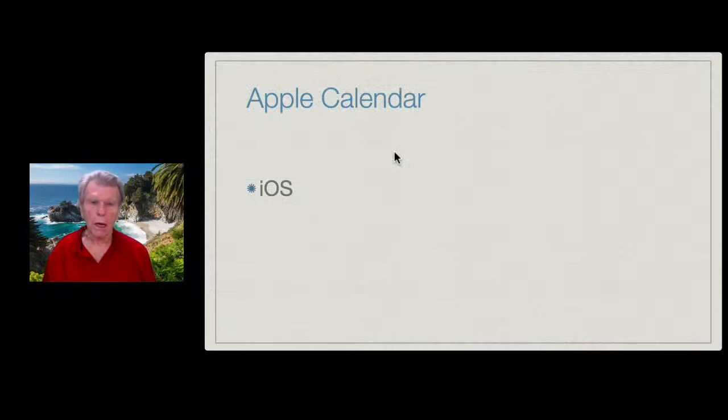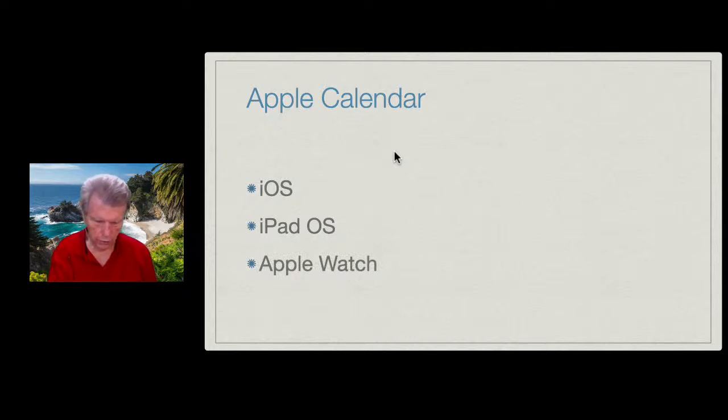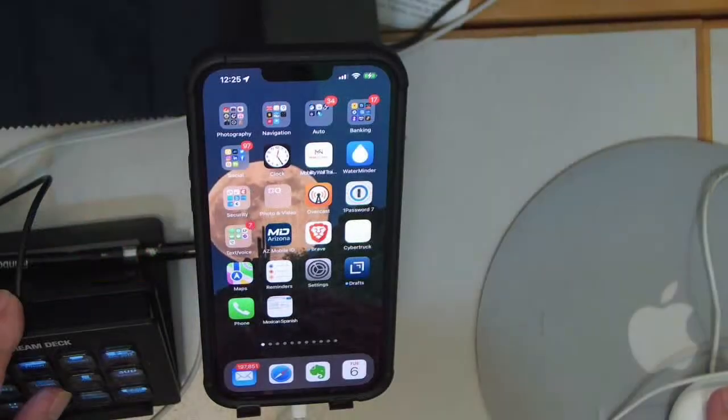So now we've seen how it works on the Mac. Let's look and see how it works in iOS and iPadOS and on the Apple Watch. So we're going to go to our Inspecto Cam so you can see the different things here.